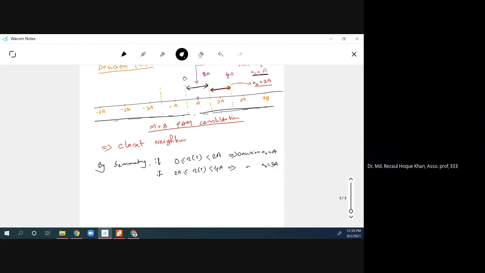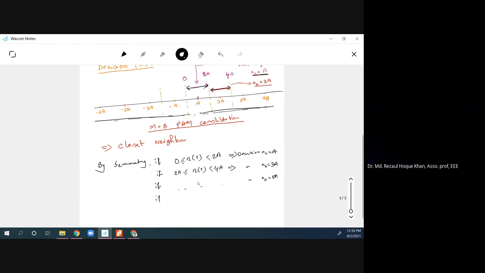So what is our decision rule? It is the closest neighbor. That's actually our decision rule. There will be 3A, there will be 5A. For some condition, you fill up this condition. If this is this, then on this side A0 will be 5A.